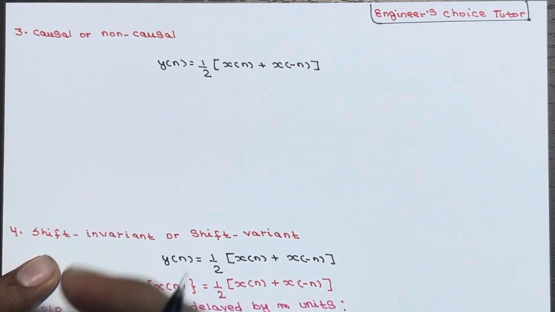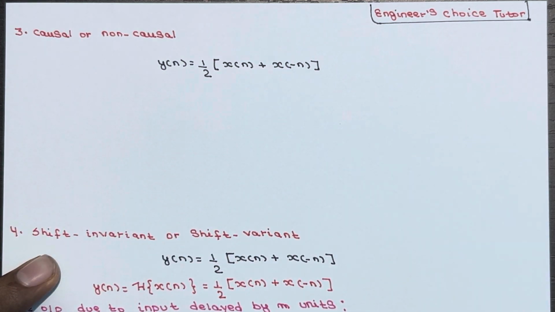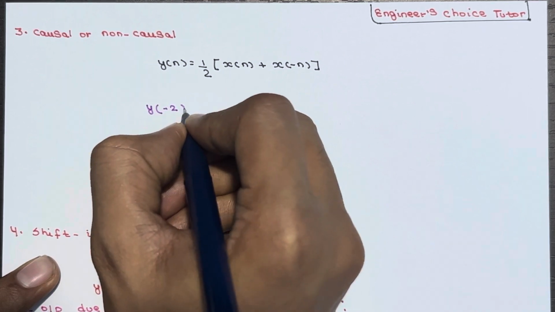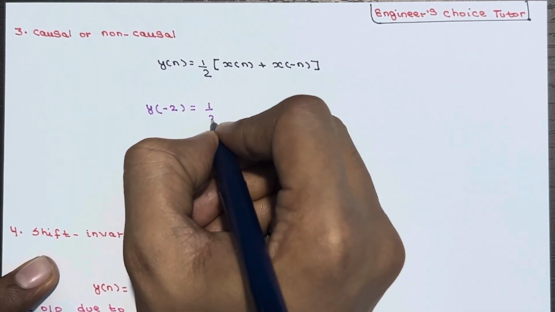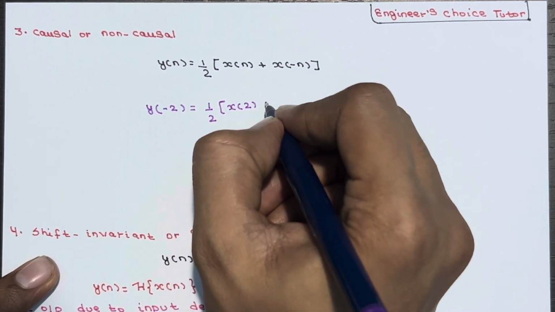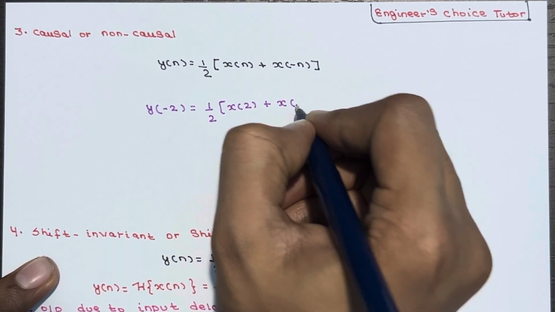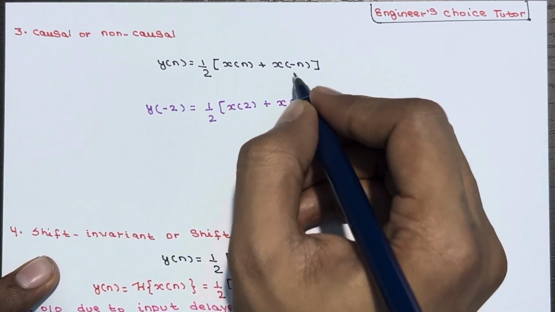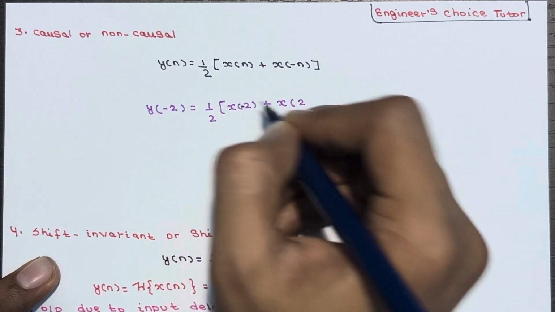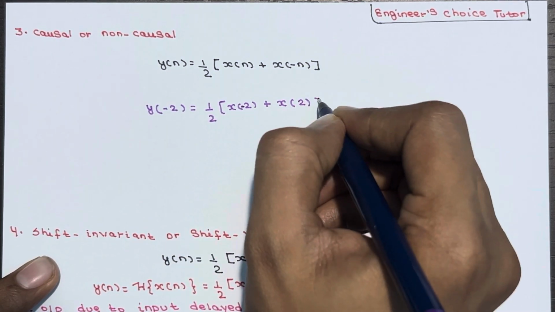For example, y of minus 2 will become 1 by 2 x of 2 plus x of minus 2. Here it will be minus 2, here it will be plus 2.